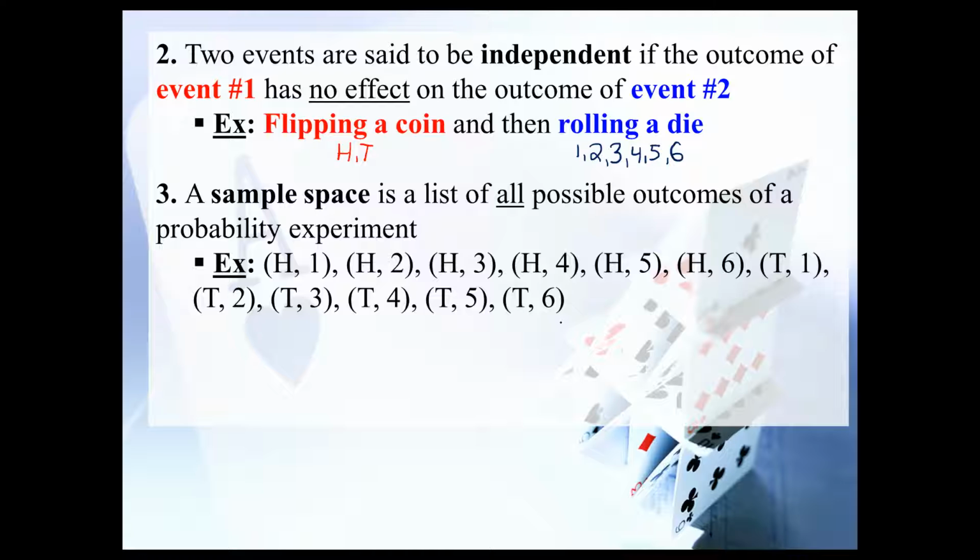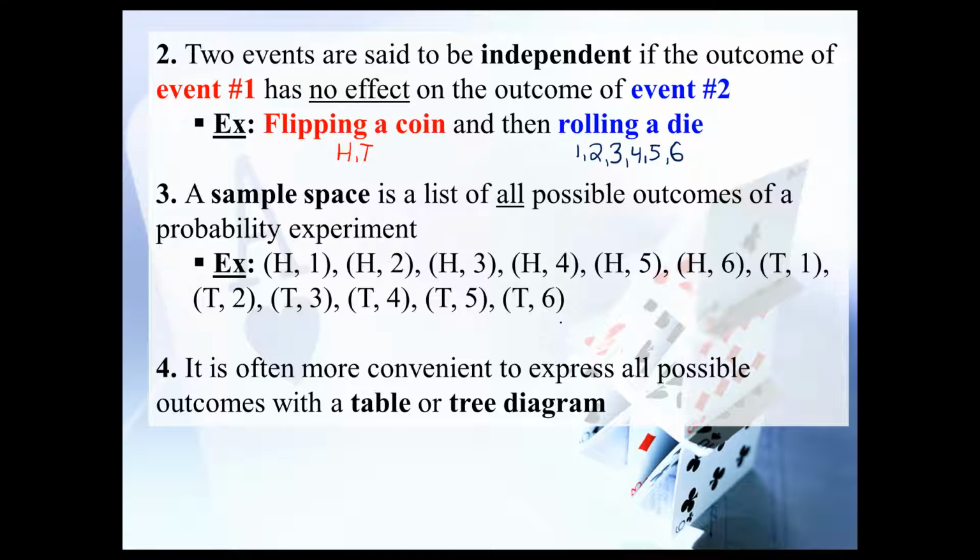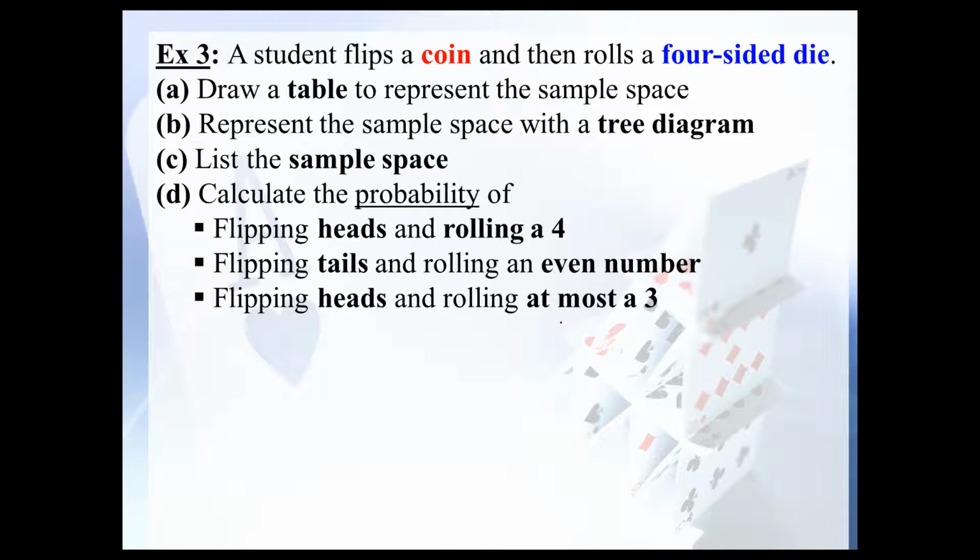Now, that's not the best way to express all the different possible outcomes. It's more common and more convenient to express outcomes in a probability experiment by using more of a visual representation. And the visuals we like to use are either tables or tree diagrams, which I'll illustrate in the example that's going to come up right now.